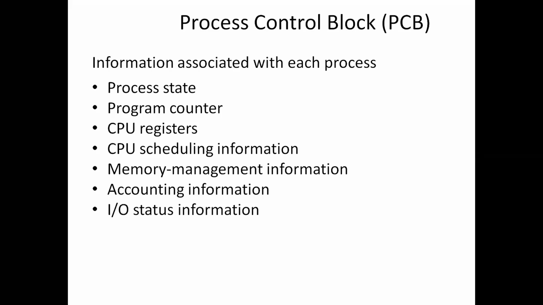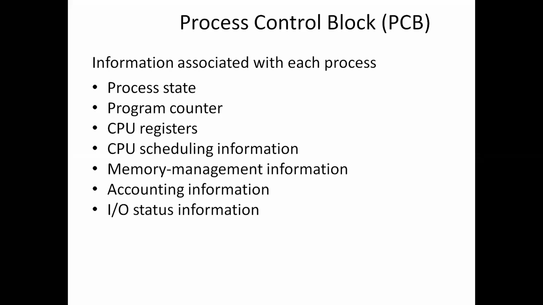Along with the program counter, the state information should be saved to allow the process to be continued correctly after an interrupt occurs. If an interrupt occurs, the contents of these registers also will be stored in this process control block.